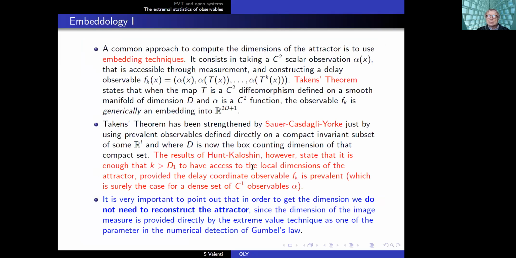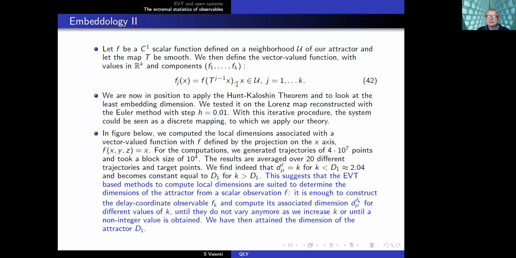In particular, using the theorem, it was easy to get the dimension of some sequence, some time series, which asymptotically go to some attractors, without reconstructing the attractors, which is usually what embedding theory does.